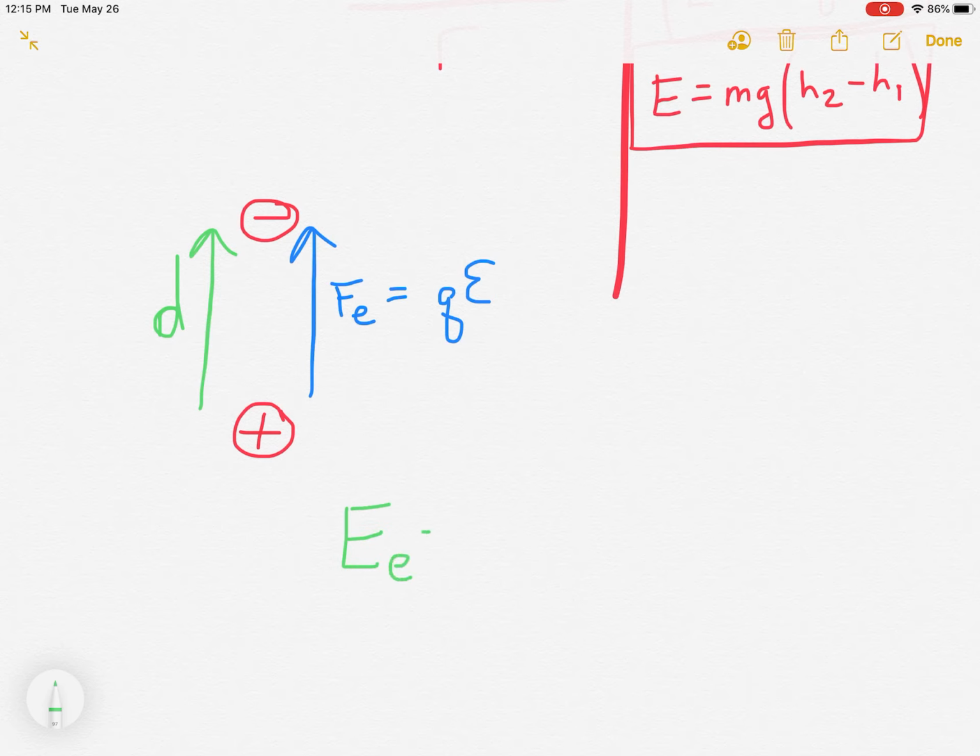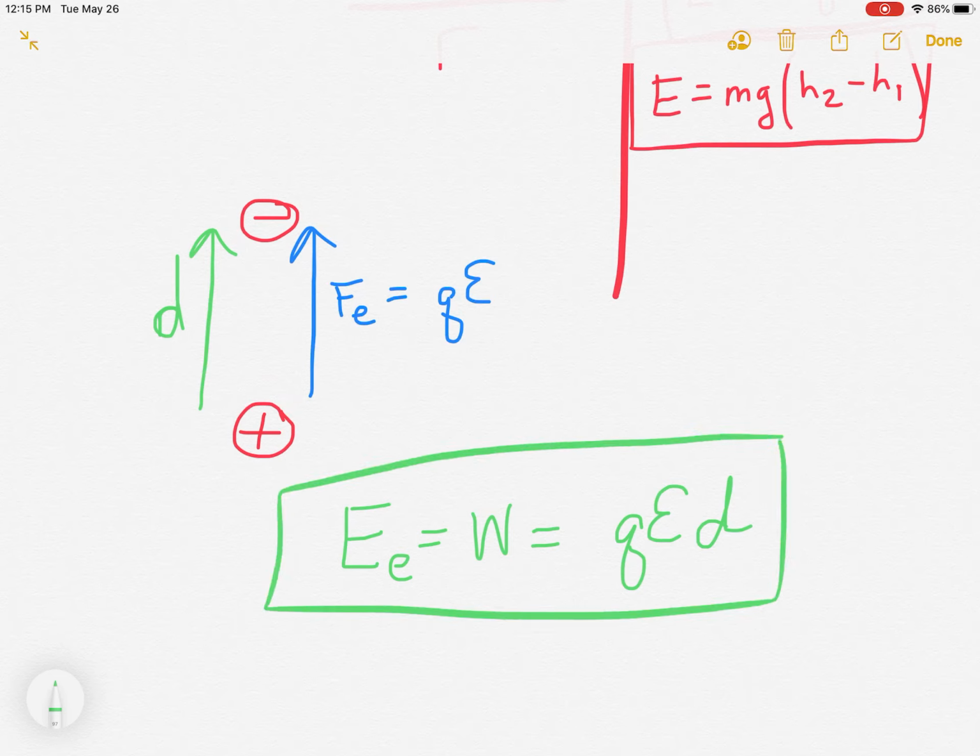We can use the electrical energy, which is the work done by applying the electrical force, QE, and moving it a certain distance, QEd. So we have another little shortcut formula.